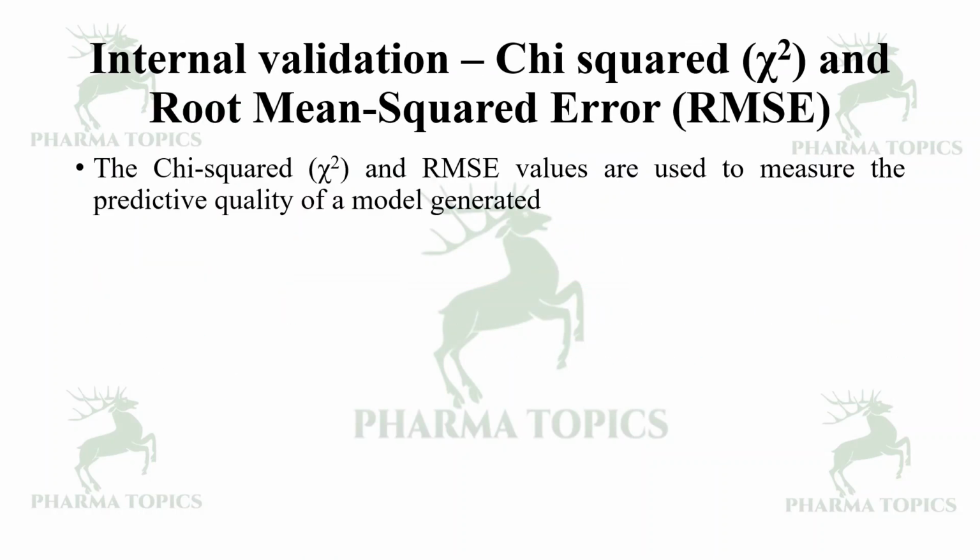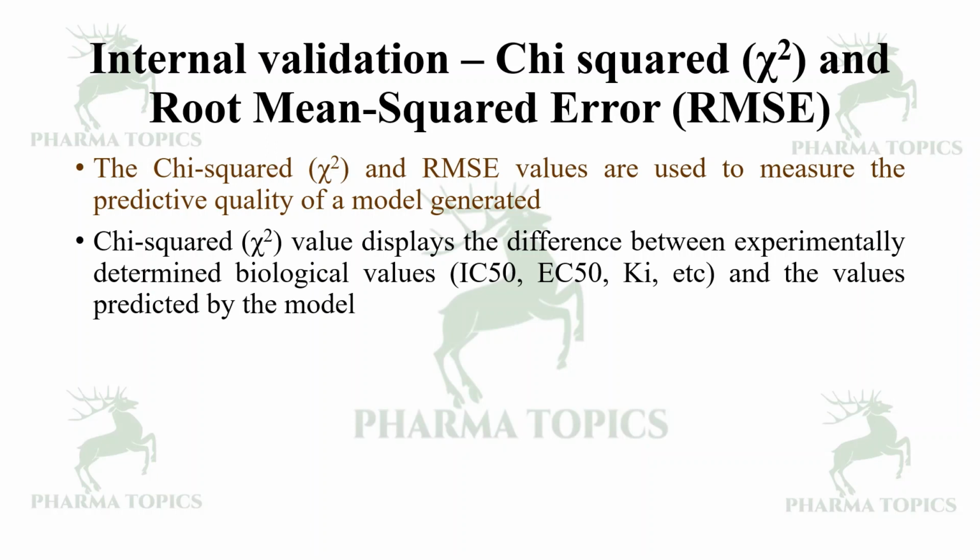Next is internal validation by chi-square and root mean squared error. The chi-square and RMSE values are used to measure the predictive quality of a model generated. Chi-square value displays the difference between experimentally determined biological values, that is IC50, EC50, K, Km, and so on, and the values predicted by the model.